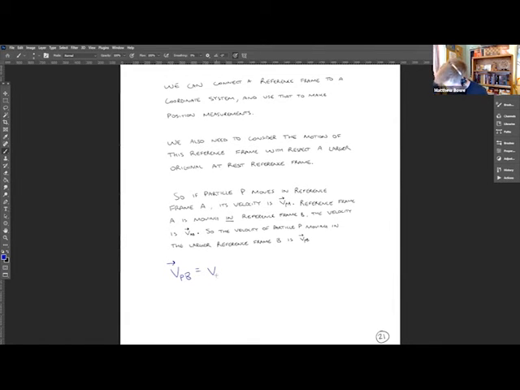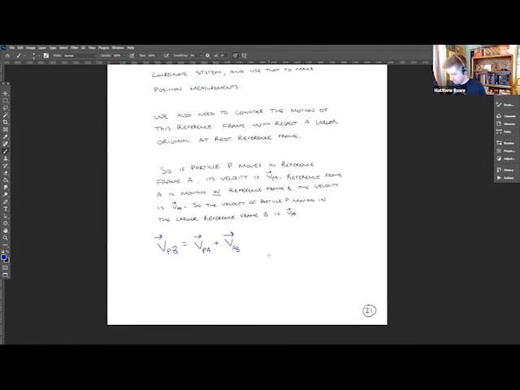So it's however fast the particle was moving in reference frame A, and we're going to add how fast reference frame A was moving in the larger reference frame B. You see, it's a bit dicey trying to understand these indices.